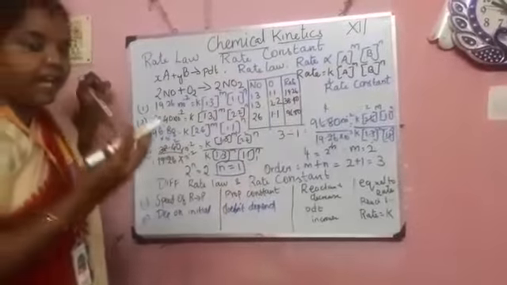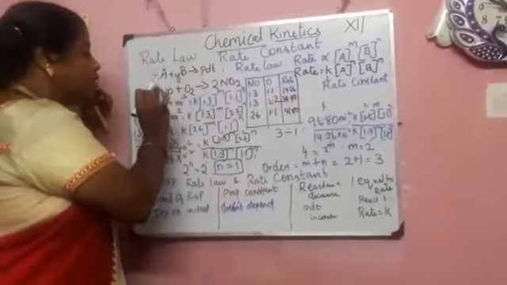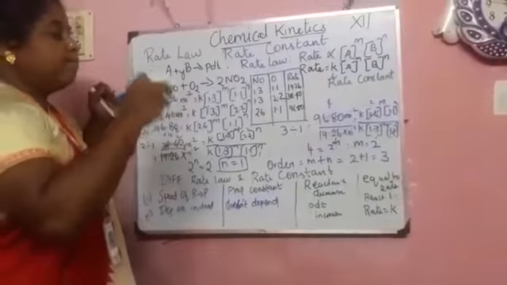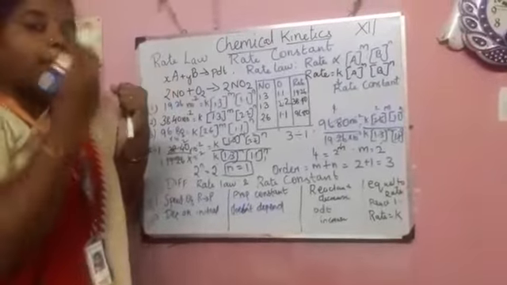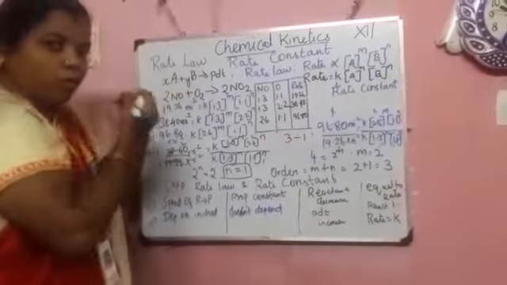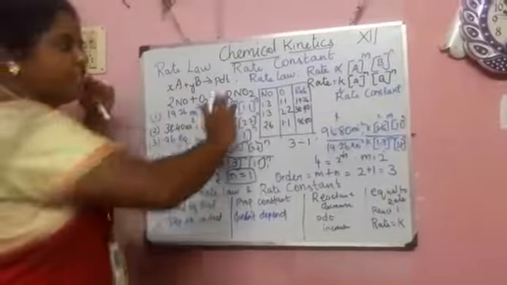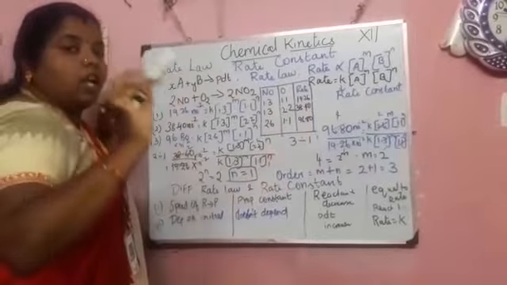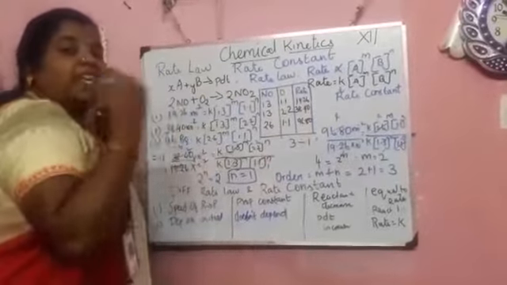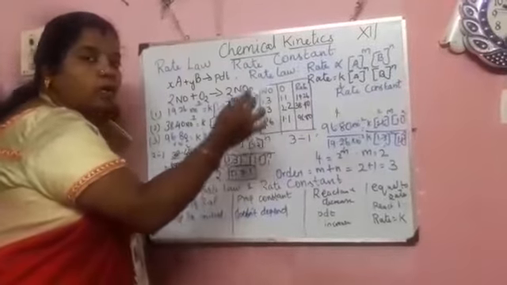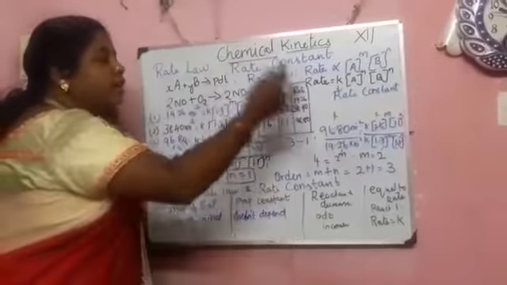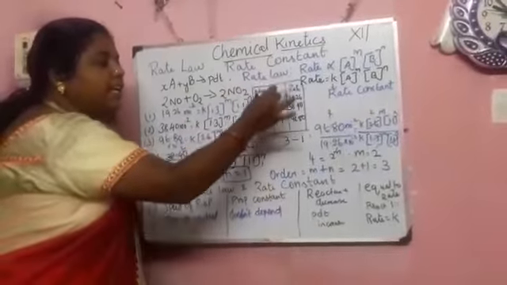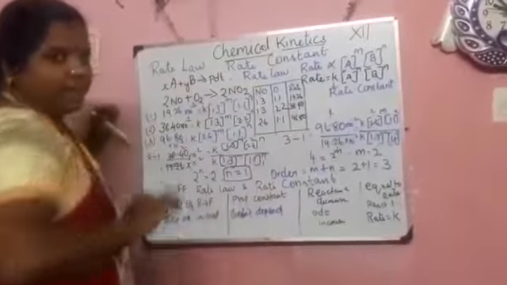If we take 1.3 concentration of NO reacting with 1.1 concentration of oxygen to form the product, the rate will be 19.26. This is the value they have given.